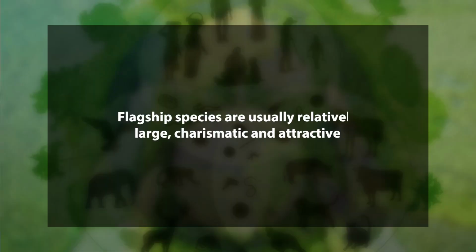By focusing on and achieving conservation of that species, the status of many other species which share its habitat or which are vulnerable to the same threats may also be improved. Flagship species are usually relatively large, charismatic and attractive species. They are selected for their attractiveness, distinctiveness or vulnerability.